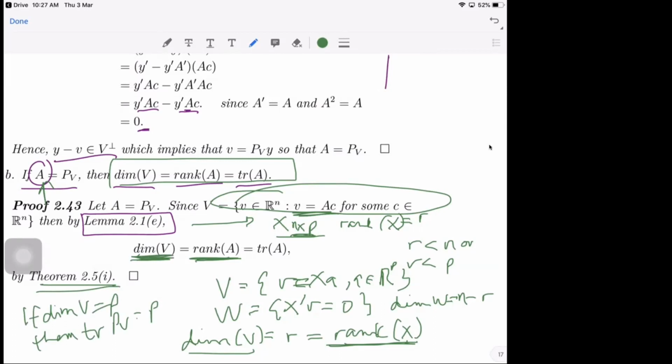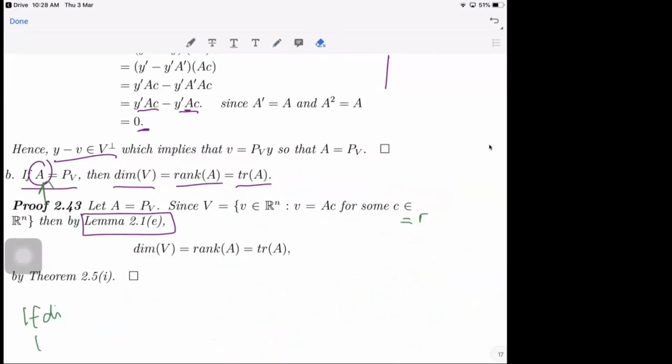Since the rank of X equals the dimension of V from lemma 2.1e, the trace of PV, or your A, is equal to the dimension of V. So this is just using two results, 2.1e and theorem 2.5i, to prove B.